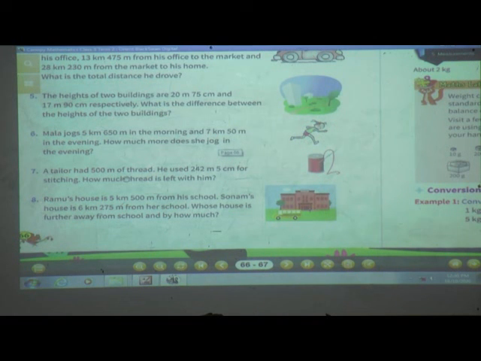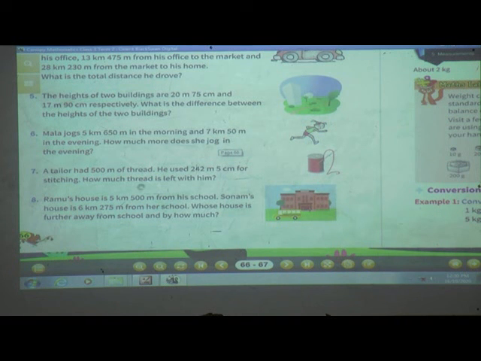Now we'll move to the next example, that is the 7th number. Read the question. A tailor had 500 meter of thread. He used 242 meter 5 centimeter for stitching. See, out of 500 he used 242 meter and 5 centimeter for stitching.